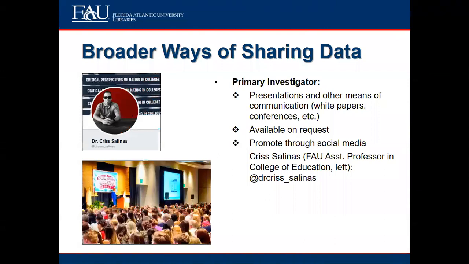Perhaps they publish a white paper, so maybe they do a report as opposed to a peer-reviewed article, or maybe they're not quite there yet. The primary investigator could also make their data available on request so people can email them. And then one example that we have is social media. For instance, Chris Salinas, who's an assistant professor in the College of Education, shares a lot of his research activities on his Twitter feed.